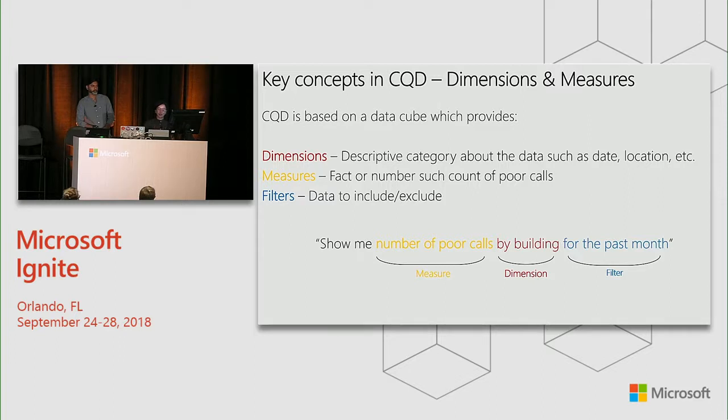It is based on pivot table technology, where dimensions offer a way for the IT admin to slice the data, measures summarize metrics via counts and rates, and filters on dimensions allow drilling deeper into a particular slice of the data. So for example, show me the number of poor calls by building for the past month.